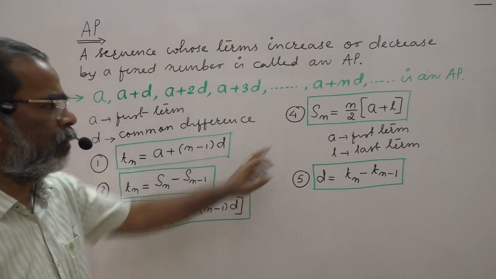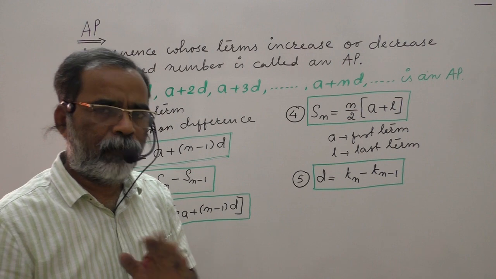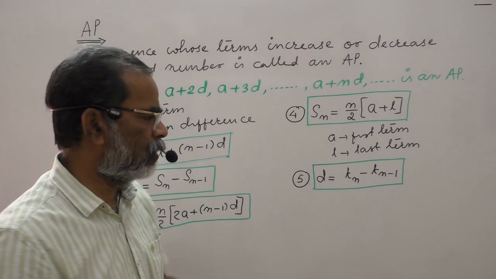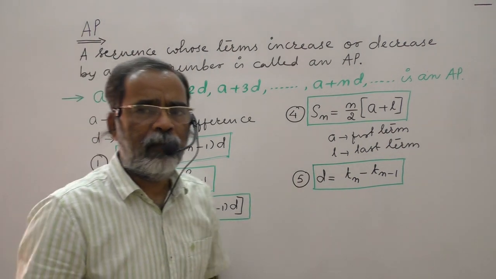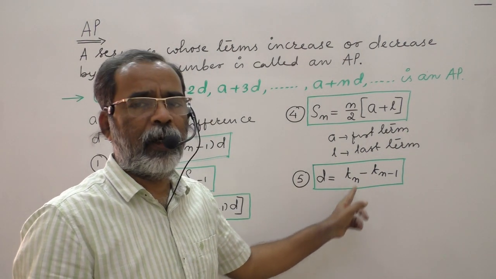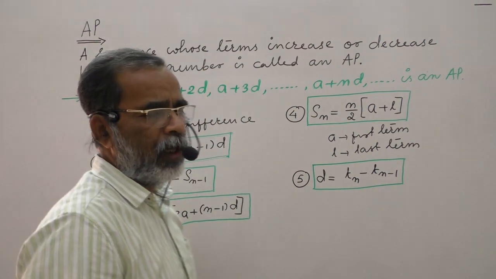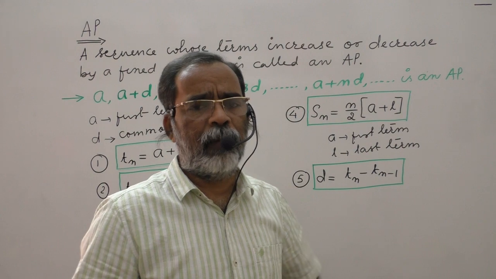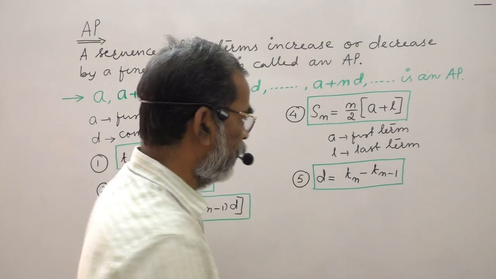You can use this or this accordingly. This should be used when you know the first term and also the last term. If you want to find the common difference D, subtract any two terms, that is Tn minus Tn minus 1. So in a GP series also we write Sn, sum of n terms. There we also write S infinity.